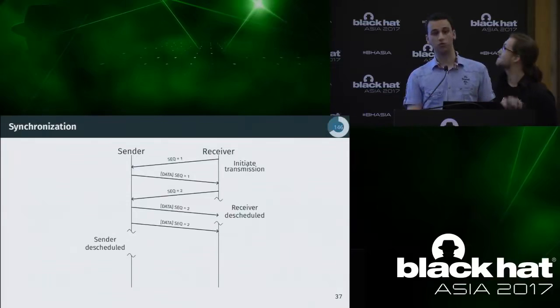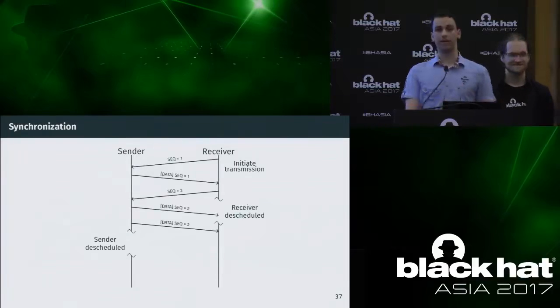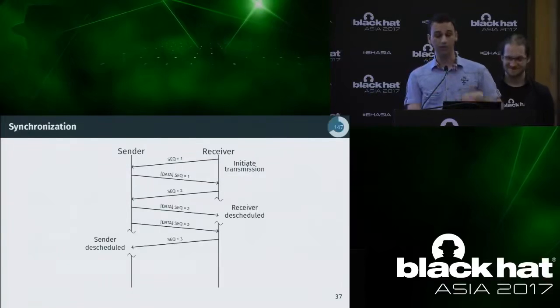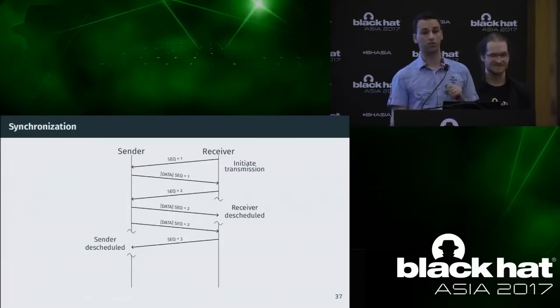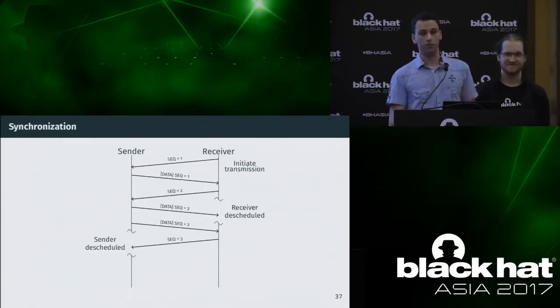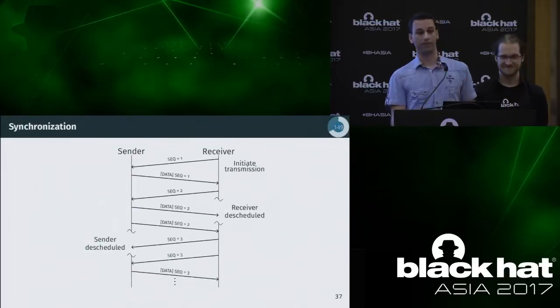That's why the sender just continues resending the packet until it's acknowledged, so it again sends data with sequence number 2. Then the receiver acknowledges that, because it's again scheduled, and requests sequence number 3, but the sender is not scheduled now. So this request gets lost, and the receiver tries again until the sender answers with the correct packet. And that goes on, and as we can clearly see, we can cope with all the descheduling where either the sender or the receiver is not scheduled.